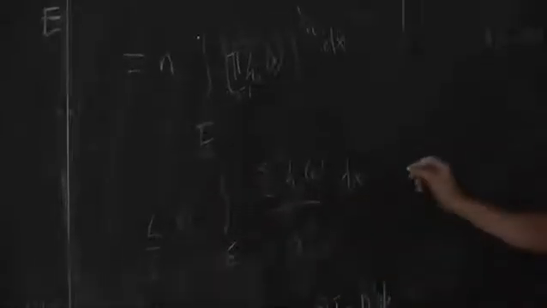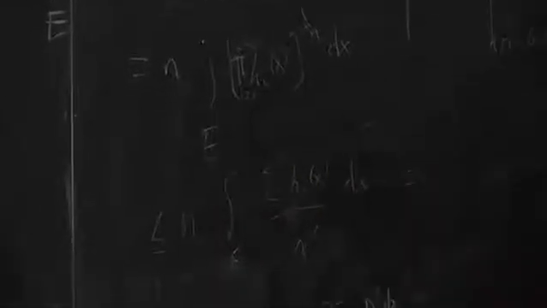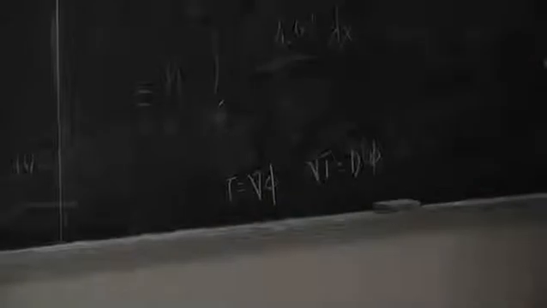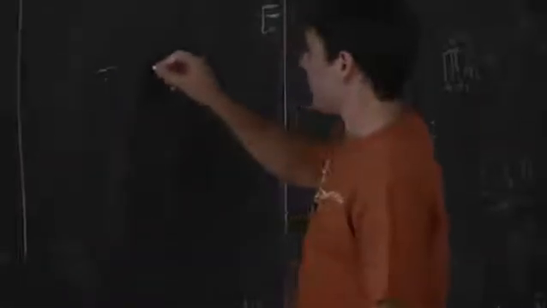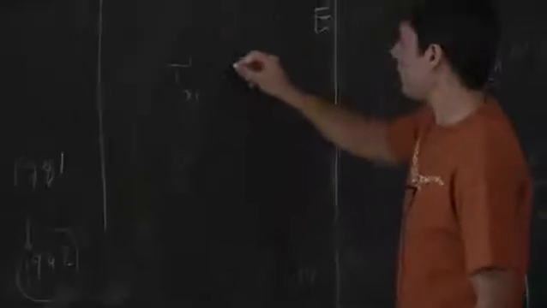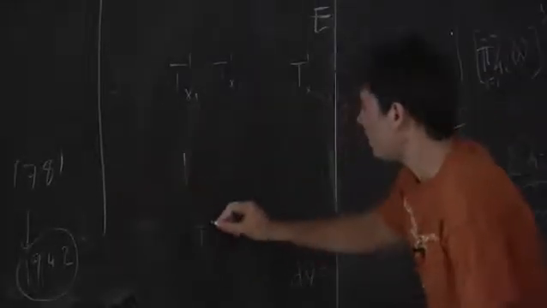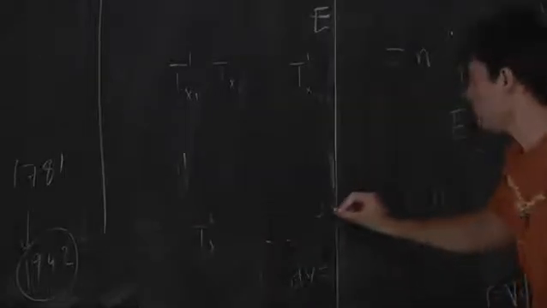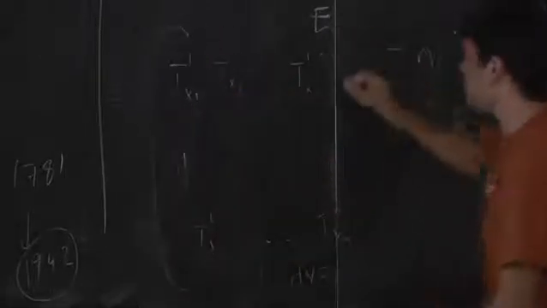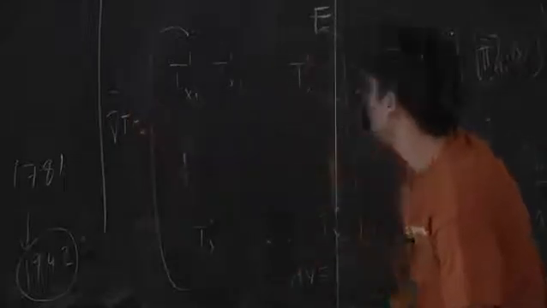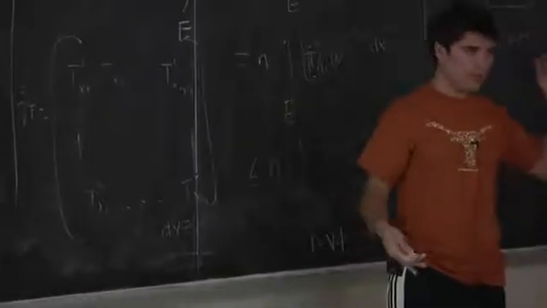The n's cancel. And now the lambda i's, they're the eigenvalues of which matrix? Let's write it up here. It's something like the partial of T1 with respect to x1, T1 with respect to x2, up to xn. So this is the matrix grad T. But the sum of the eigenvalues of the matrix is equal to what?